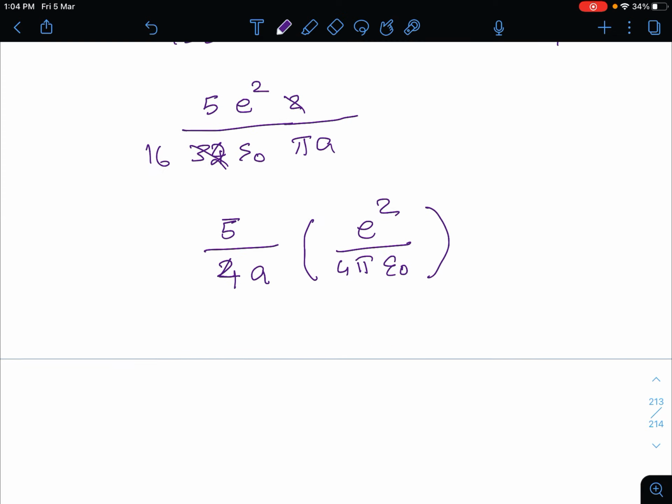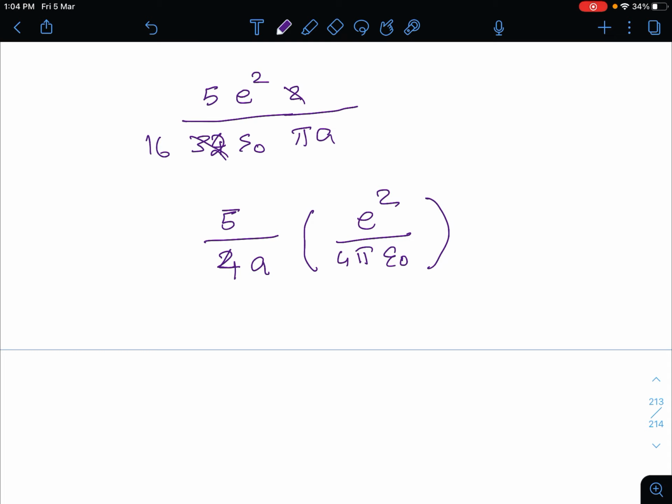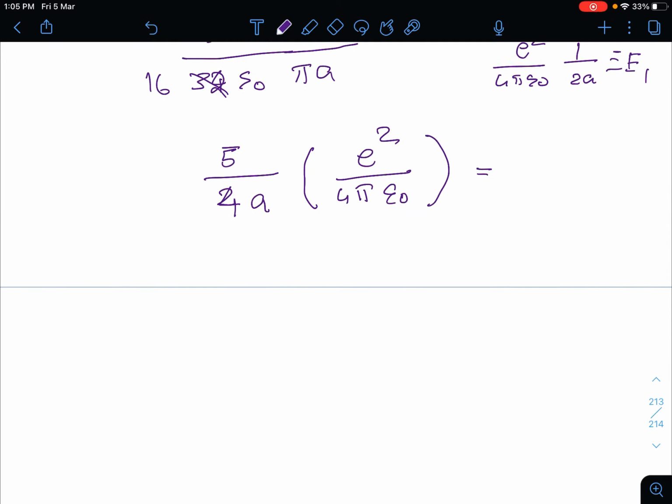Okay, good. So e square by 4 pi epsilon 0 into 1 by 2a. 1 by 2a is E1 actually, so that's minus E1, the ground state energy.